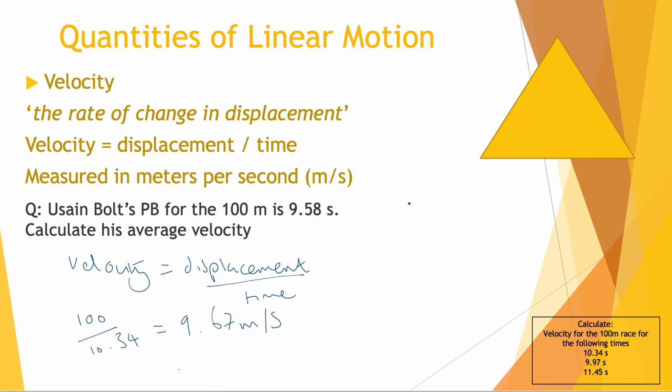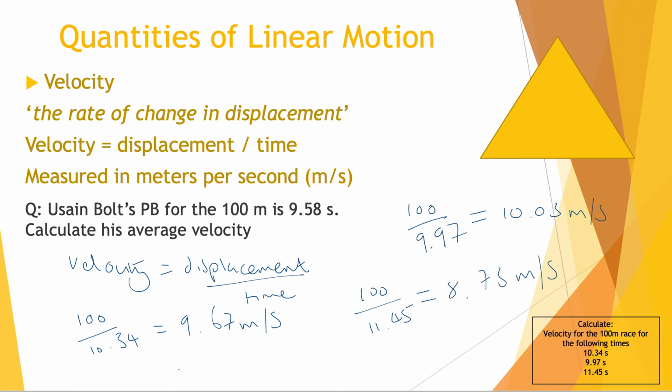The second one is 100 over 9.97, which gives you 10.03 meters per second. And the third one, displacement is 100, 11.45 is the time, which gives you 8.73 meters per second. So you can go back and check those three from your preview reading.